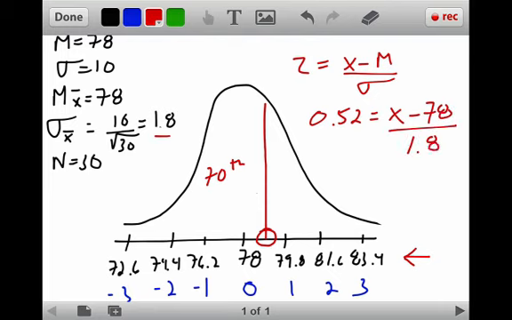Okay, so if I isolate x and calculate it, this will give me a value of 78.94, and that would actually be the score. So if you look there, it looks like this point here is around 78.94, so that would be the answer to our question.